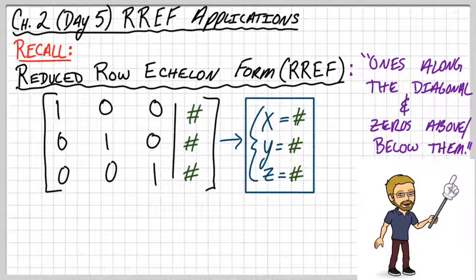And then we'll still have some constant terms here in the answer column, which allows us to read off our solutions, basically. So we know 1x is equal to whatever this number is, 1y is equal to whatever this number is, and 1z is equal to whatever this number is. So this is a really powerful tool when it comes to solving systems of equations, basically in one step.